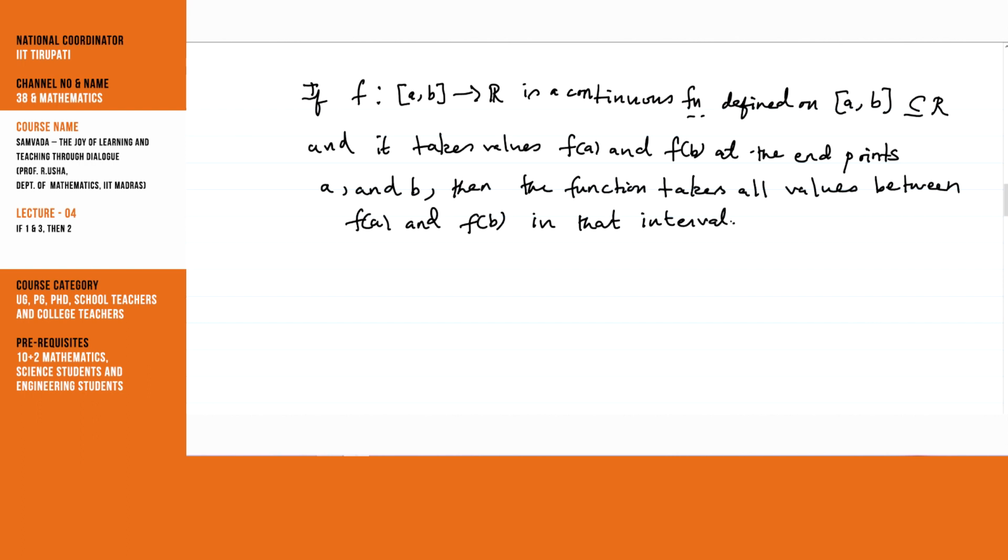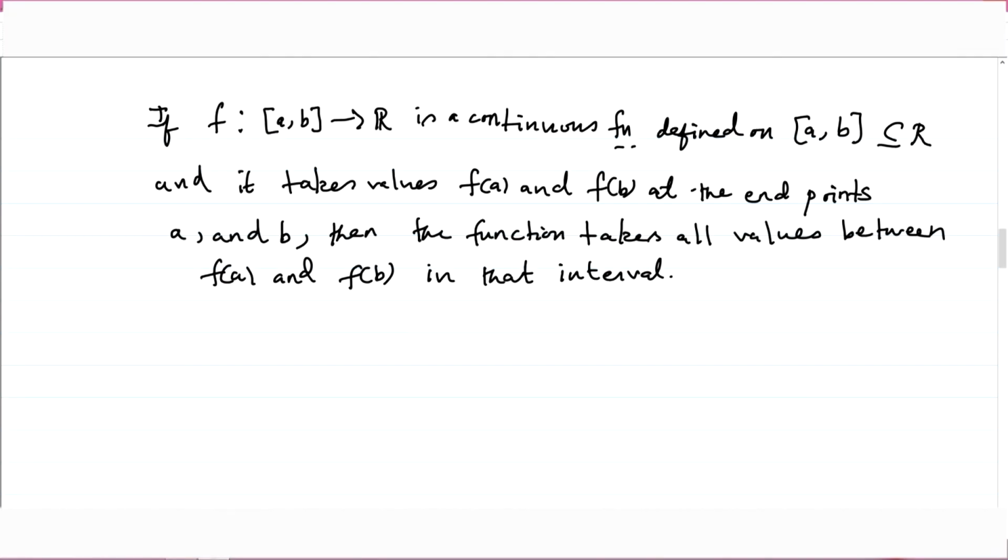Is it clear? You have a continuous function f from [a, b] to R, defined on a closed subinterval [a, b] of R, and it takes values f(a) and f(b) at the end points a and b. Then the function takes all values between f(a) and f(b) in that interval. This result is very evident for continuous functions for which we can draw a graph.